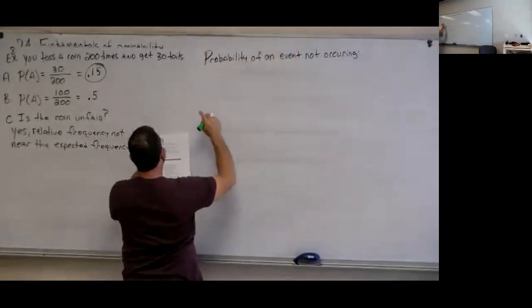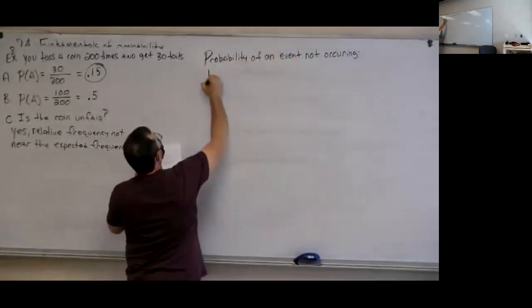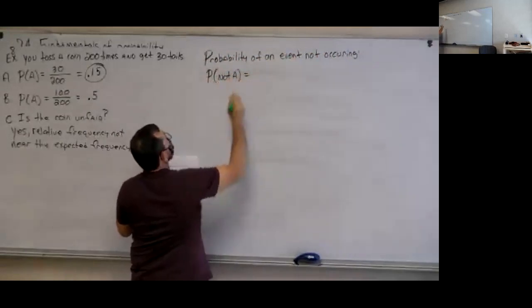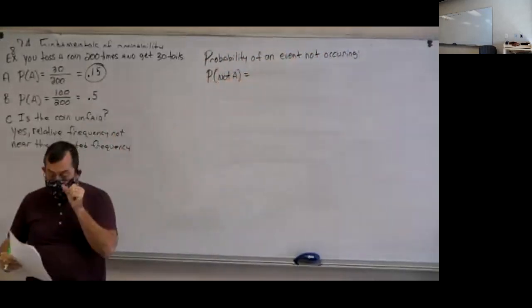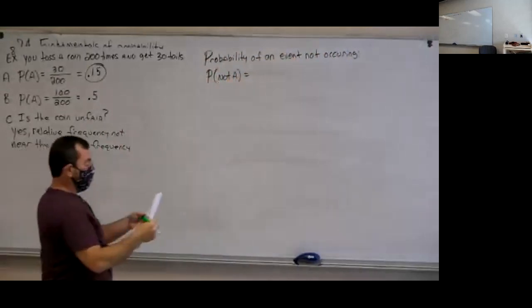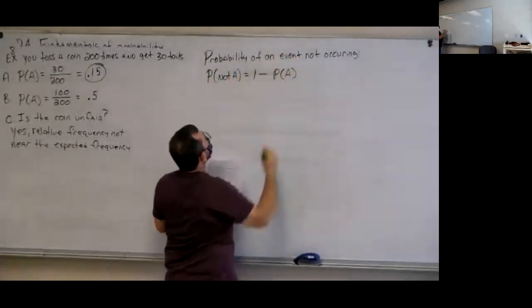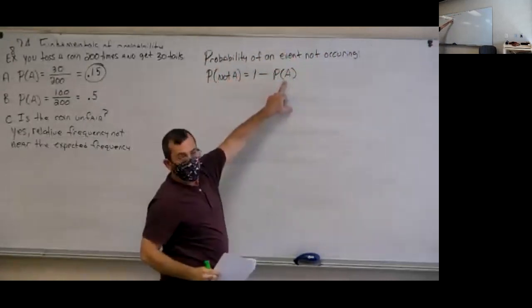All right, so P of not A. That means the probability that A is not going to occur is going to be 1 minus P of A, where that event is going to occur.